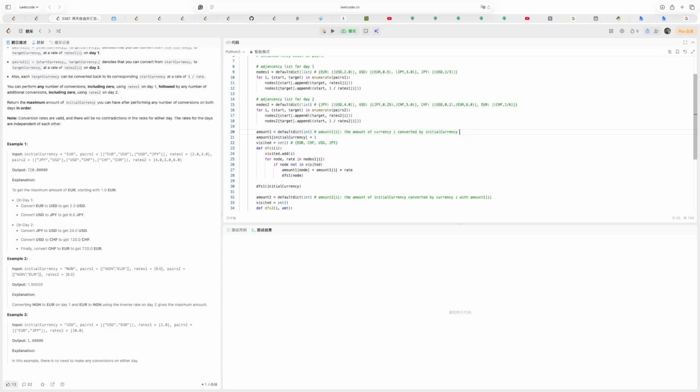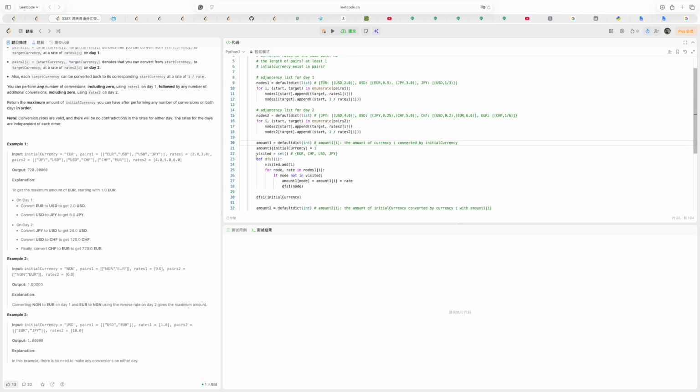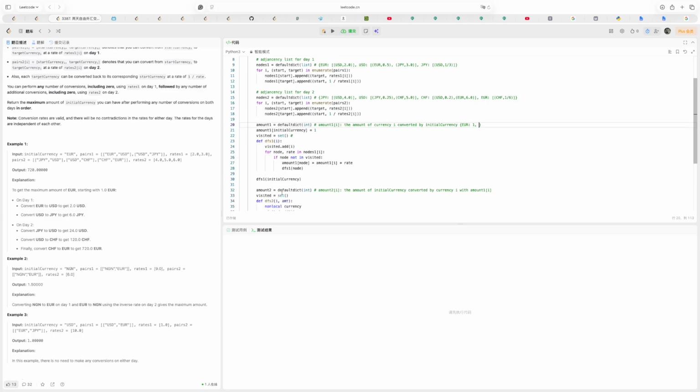Okay, so let's start with the first DFS. For amount 1, its initial currency will be euro, so euro will be 1. So we'll first have euros 1, and then we'll start our DFS with euros.